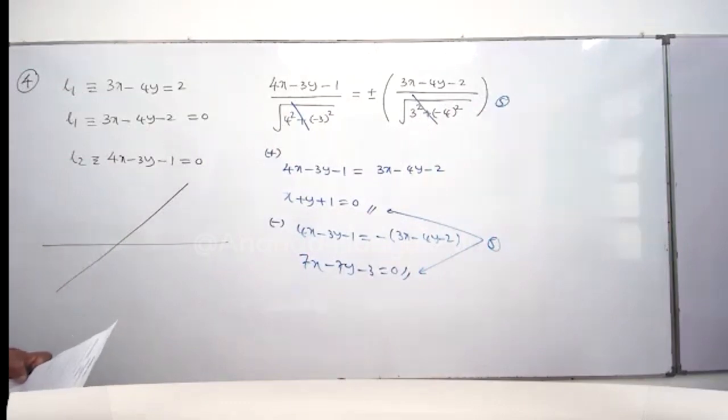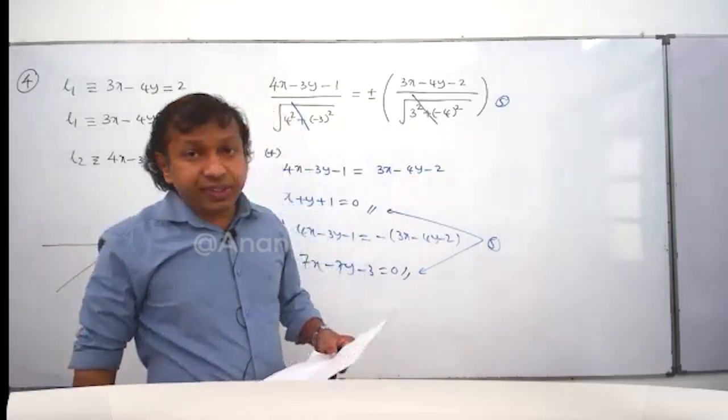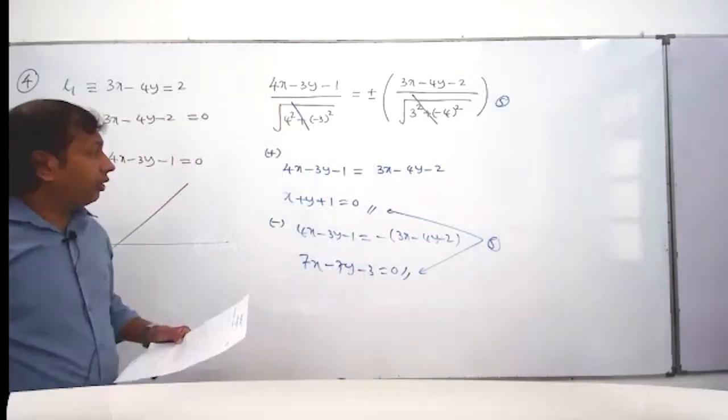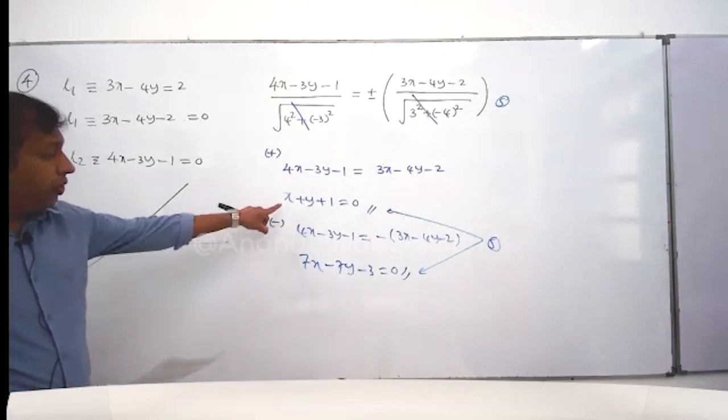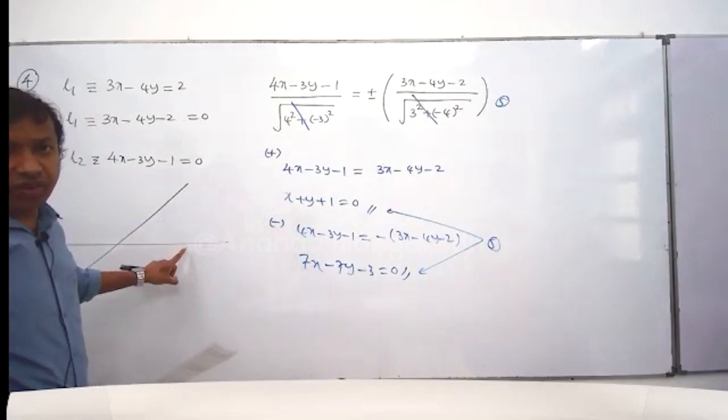Find the equation of the bisector of the acute angle between L1 and L2. Acute angle, but a test. There, we take one bisector, we take one line given.